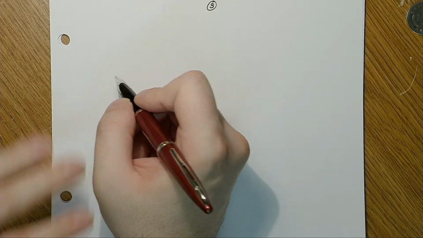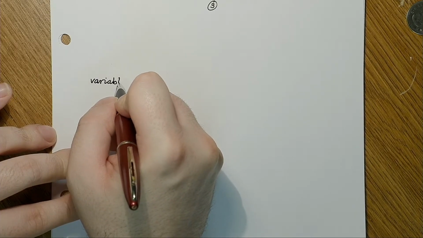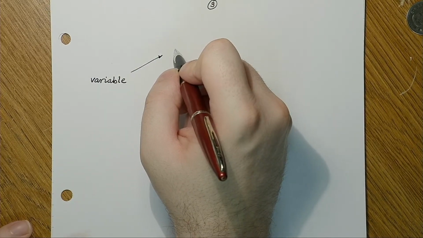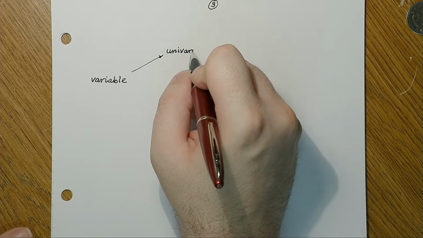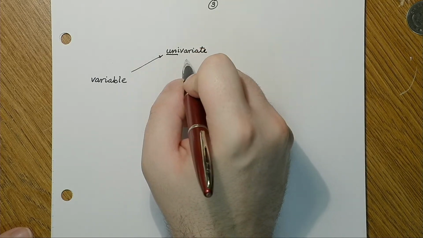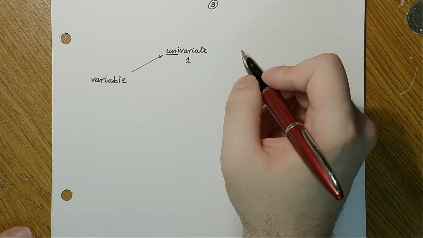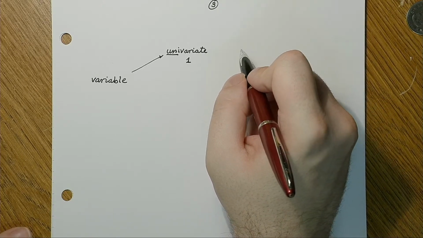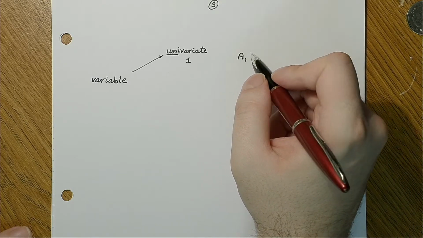So a variable can be, we could have a univariate. So uni meaning one. So in this case, the data could look like, well, let's talk about brand of cell phones owned by a student.